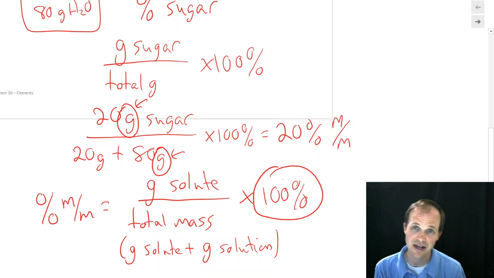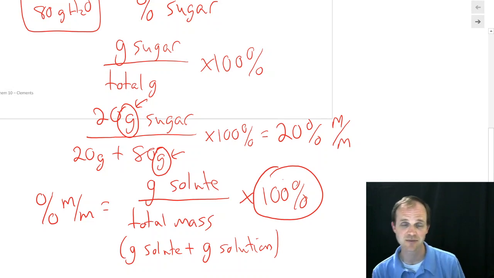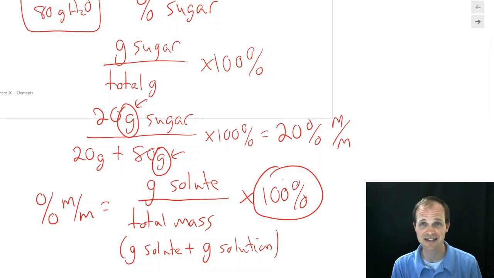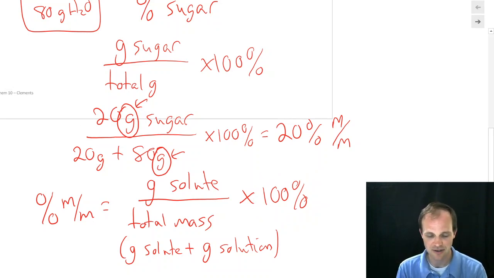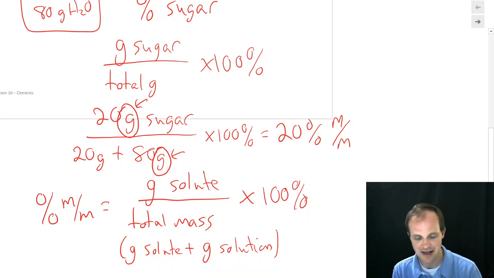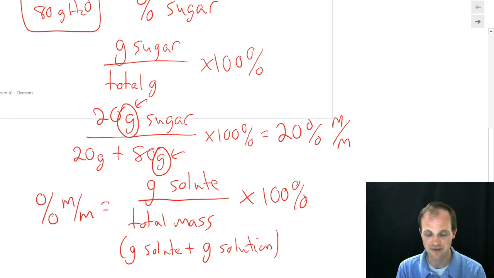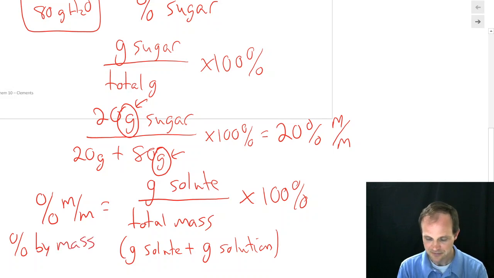If your calculator has a percent key, don't type that, because what happens when you type the percent key is it divides by 100. You're going to multiply by 100 in your calculator. You're not going to press percent. So on the other one, I did 20 divided by 100 times 100 to get my 20. And that's our generic formula for calculating percent by mass, percent m over m, or percent by mass.